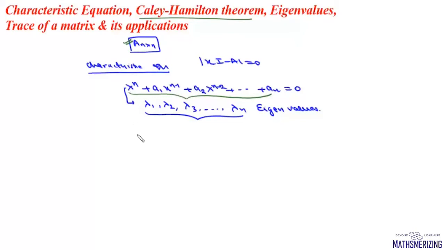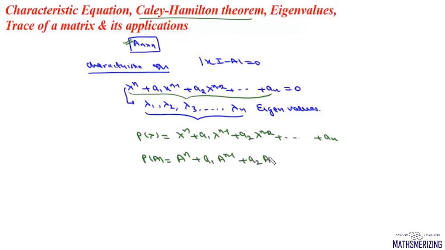That means if we take this polynomial as P(x), which is x to the power n plus a1 x to the power n minus 1 plus a2 x to the power n minus 2 and plus an, then P(A), which is A to the power n plus a1 A to the power n minus 1 plus a2 A to the power n minus 2, and finally an, and since we are taking matrices here, we'll write this as an I, and this value will be 0. So the Cayley-Hamilton theorem basically says every matrix A will satisfy its characteristic equation.